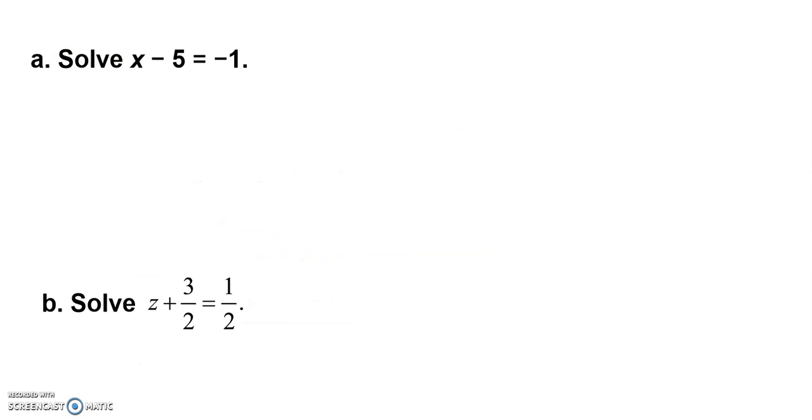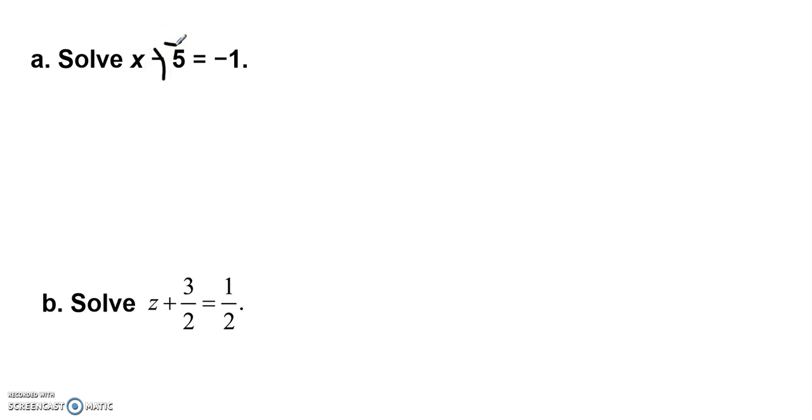Okay. Solve x minus 5 equals negative 1. So, I want to get x all by itself. What I have to do is get rid of this 5. But whatever I do to this side of the equation, I'm going to have to do to the other side. So how would we get rid of a negative 5?